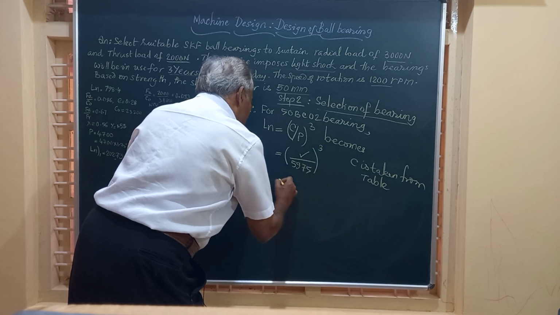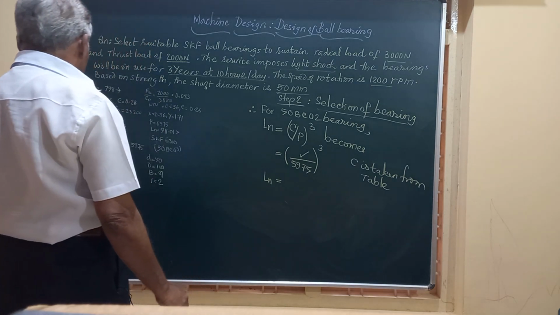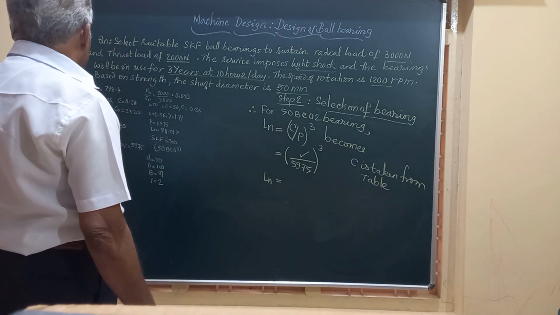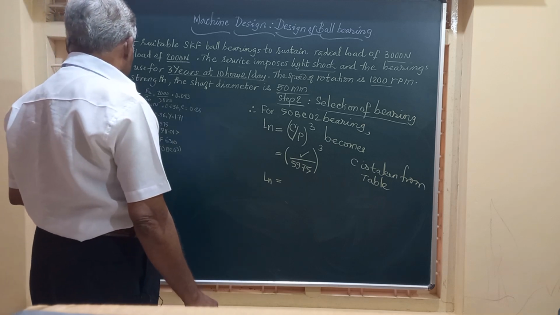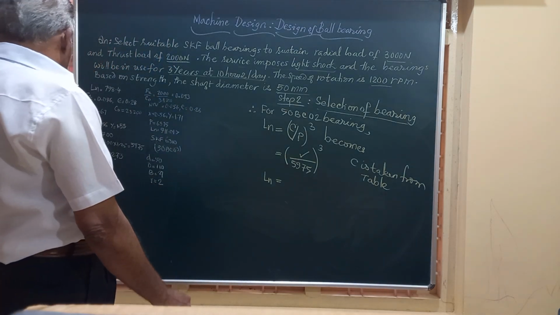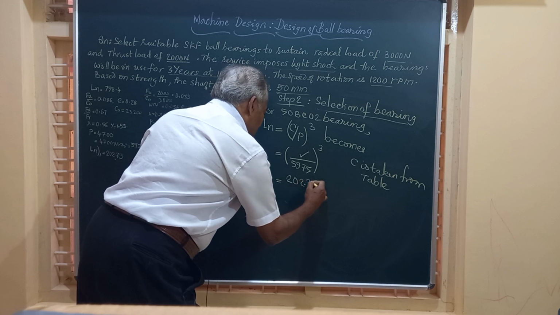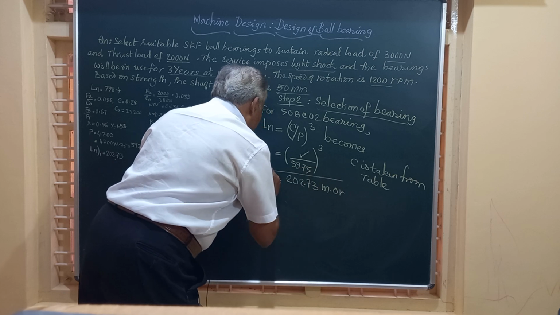Friends, if you simplify this, you get Ln for this particular bearing equal to 211 point something. So I will write down this value, 202.73 million revolutions. I will tell you what is the meaning of this.